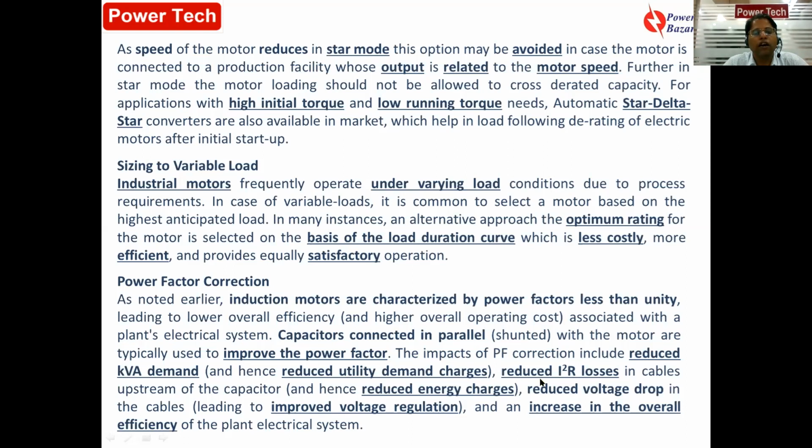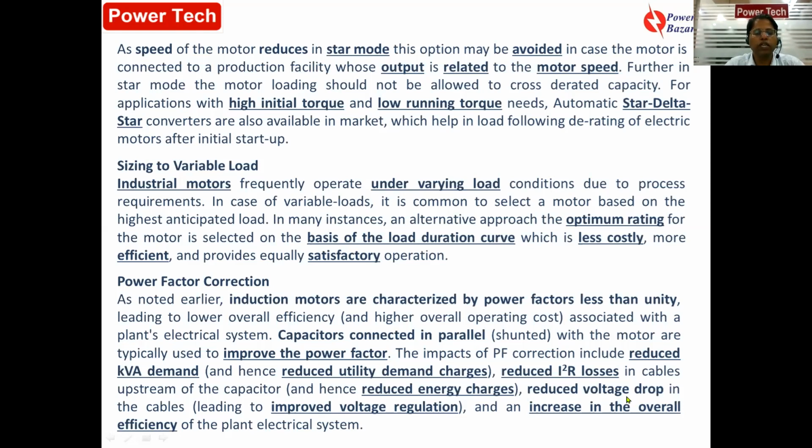Similarly, reduced I square R losses. That means the copper losses will reduce because the current has gone down. Your kVA requirement has come down, voltage remaining same, current will go down. So reduced I square R loss in cables, and this will give rise to reduced energy charge. Reduced voltage drop, because the current has gone down because of the capacitor bank, therefore the impedance into current will also go down.